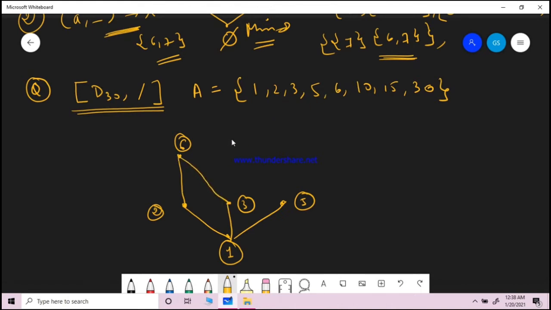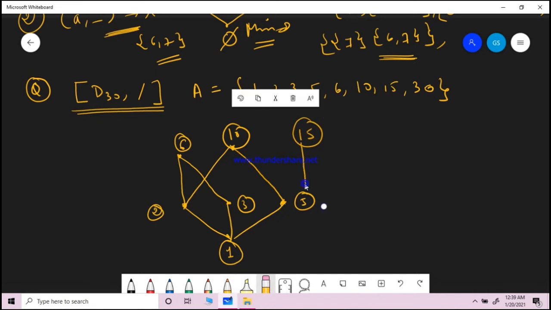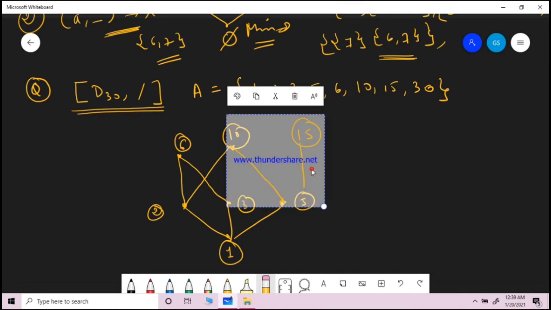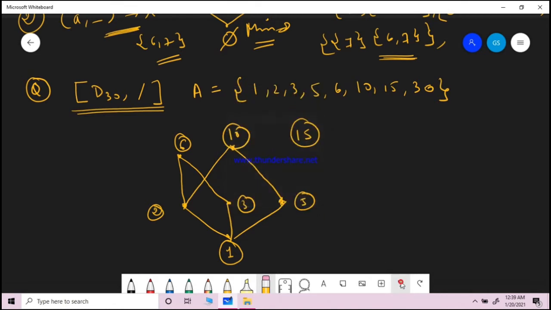Okay. Now you have to consider 10. So 10 is divisible by 2 and 10 is divisible by 5 also. What else? And we have 15 directly, sorry. So 15 is directly divisible by 3 and 5.